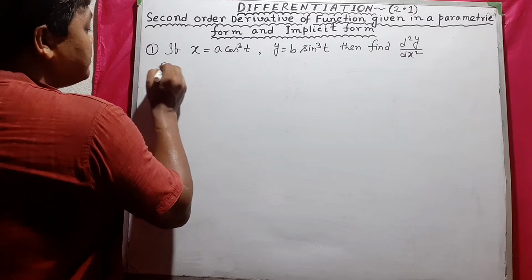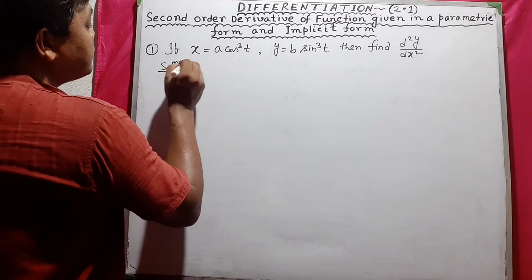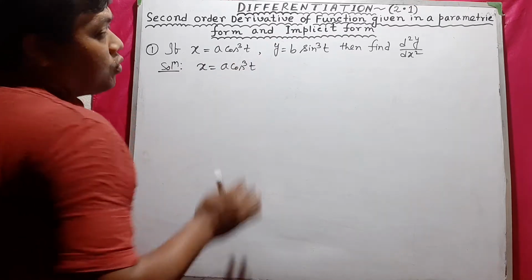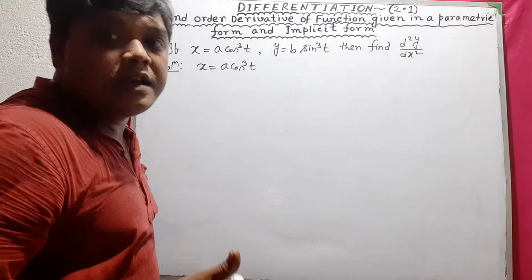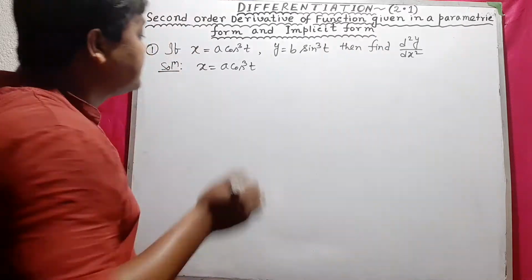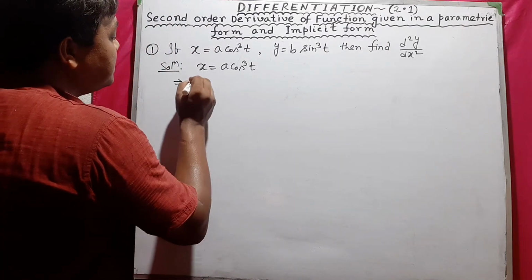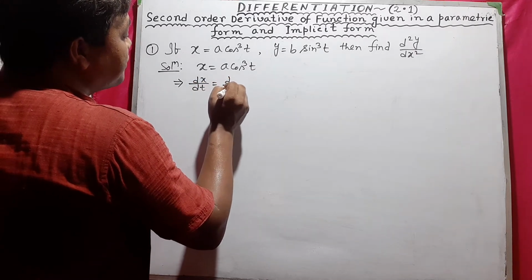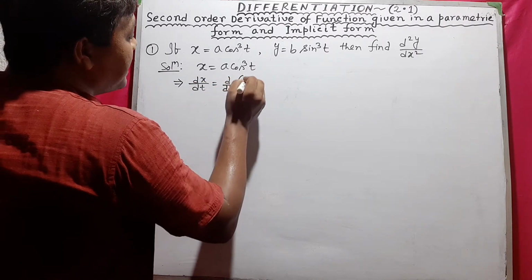So first, the solution: given that x equals a cos cube t. So what is our goal? Our goal is to first find dy/dx. So dx/dt equals d/dt of a cos cube t.